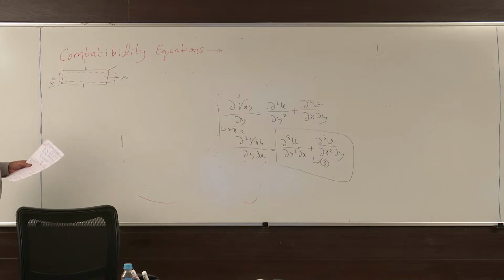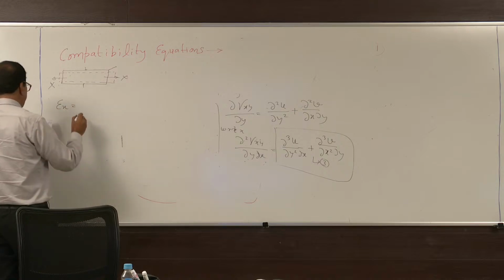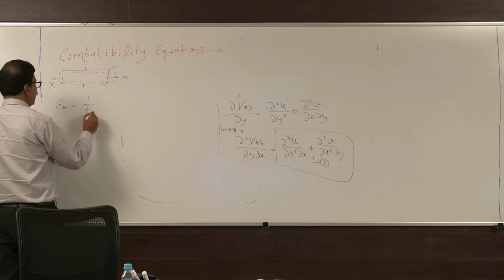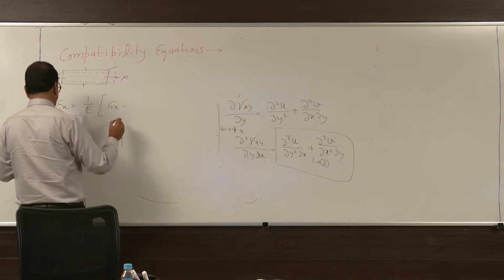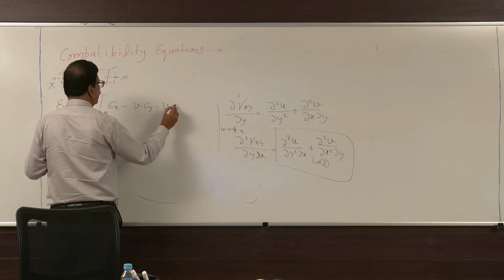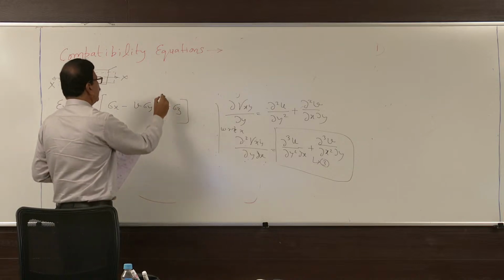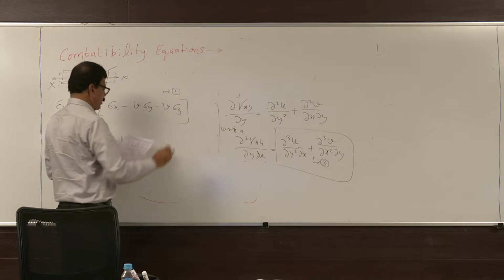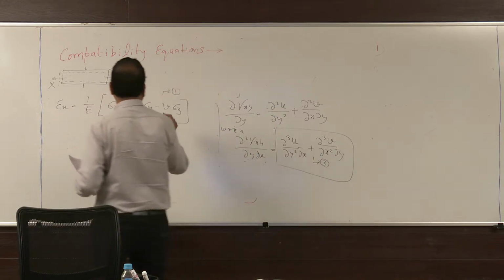So the equation first says this is equal to 1 upon E sigma x minus V sigma y minus sigma z. This is equation number 3.